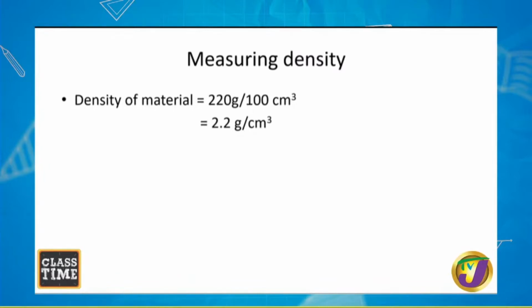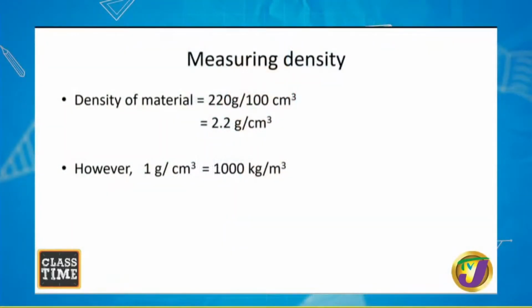So we divide 220 by 100, and we get 2.2 grams per cm cubed. But remember, gram per cm cubed is not the SI unit. The SI unit of density is kilogram per meter cubed. Because we measured the mass in grams and the volume in cm cubed, we get units of gram per cm cubed. All right, so we'll move on.